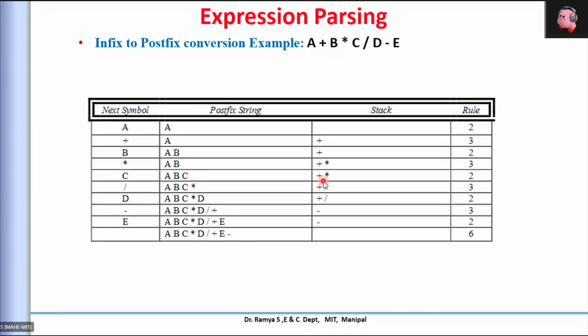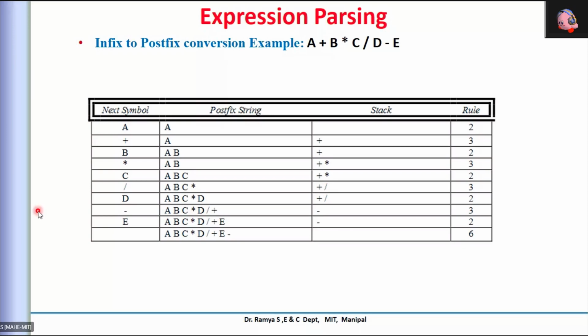Both are at the same level: the division as well as the multiplication have the same level. So it puts this star into the postfix string, because you are now performing B into C. B into C is going to be performed. Then the division is going to be the next element in this.